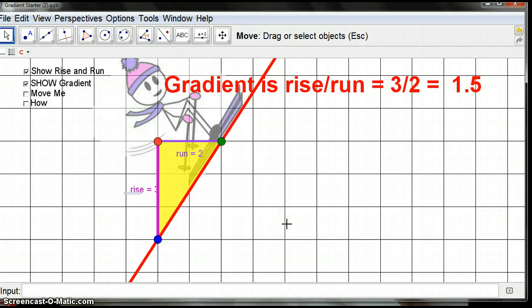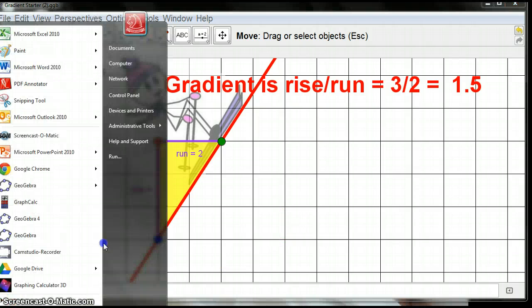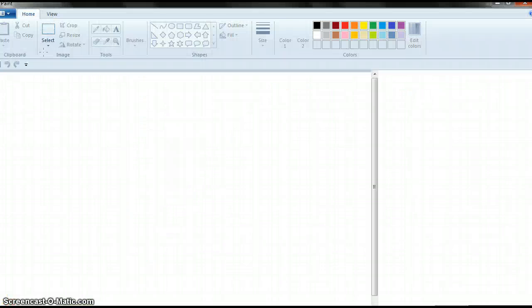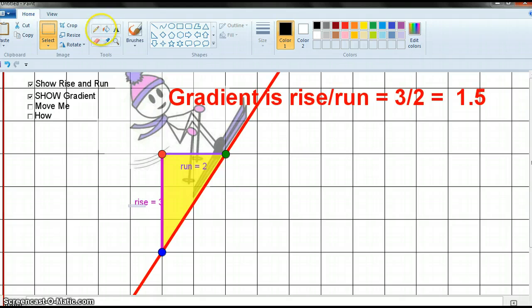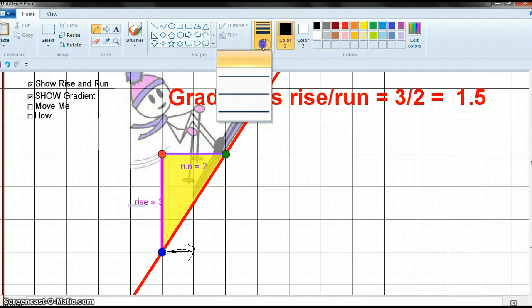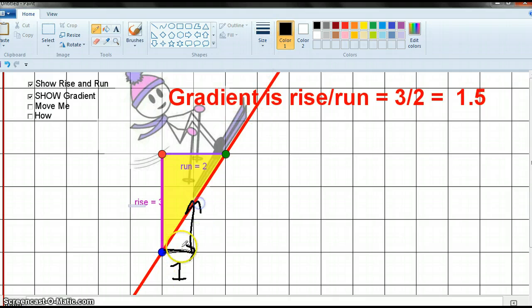In fact, that's a good way of looking at it, that you can always check your calculations by saying your gradient is really for every 1 change in x, what happens to y? So it went 1.5 up.